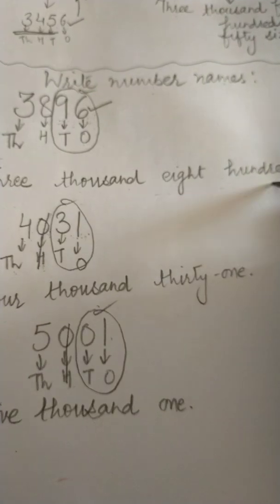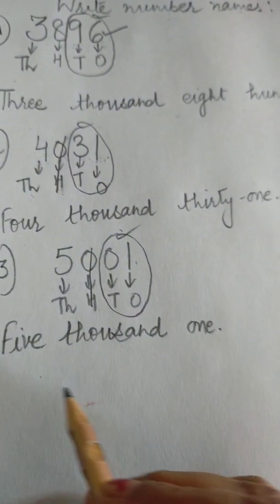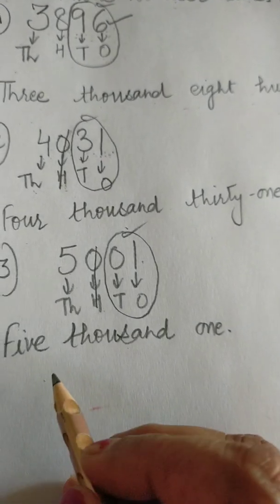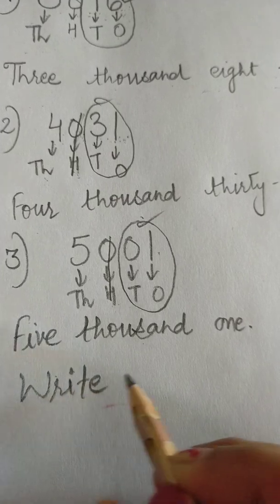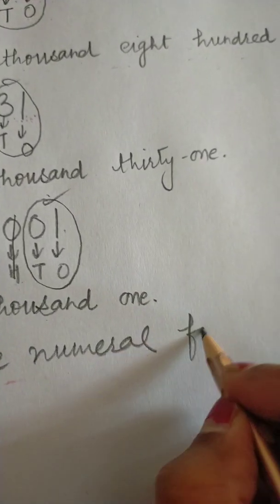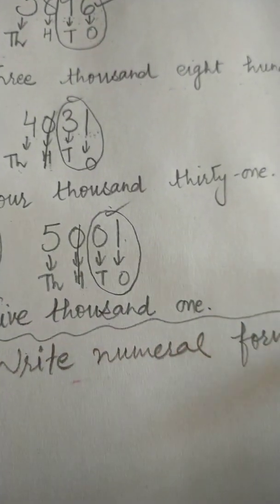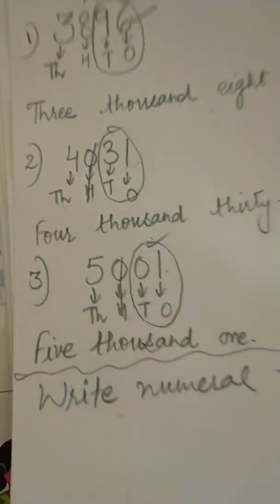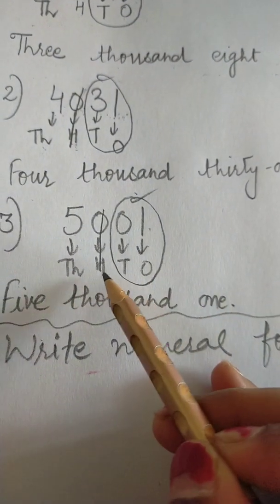Students, this was where the numeral form is given to you and we are writing the number names. Now next is writing numerals. How to write the numerals? Write numeral form. Numeral form means we have to write in mathematics digits. So how to write numeral form? There is one important thing, that you must know the places: ones, tens, 100, 1000.